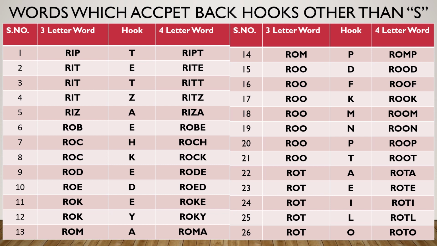And on this part of the slide, if you just look at the bottom, ROT accepts A making ROTA, E making ROTE, I making ROTI, and L, it makes a four-letter word, quite an unusual word, ROTL. And then with O, it makes ROTO.